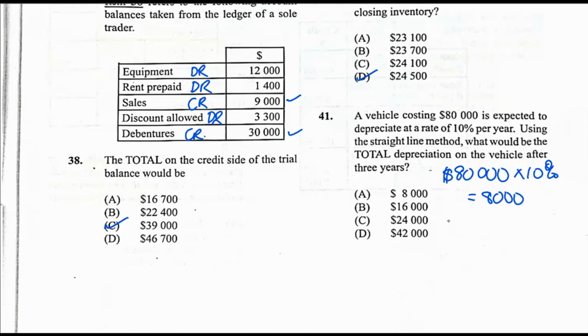So our total depreciation for 3 years will be 8,000 by 3, which is 24,000. That should be our answer right here. They asked what would be the total depreciation on the vehicle after 3 years, so the answer should be C, 24,000.